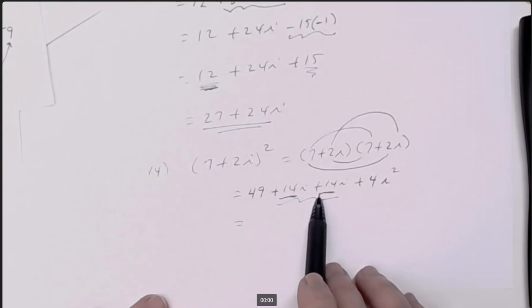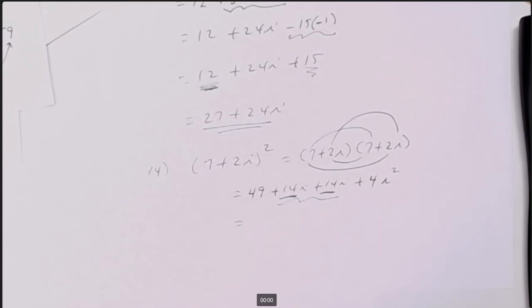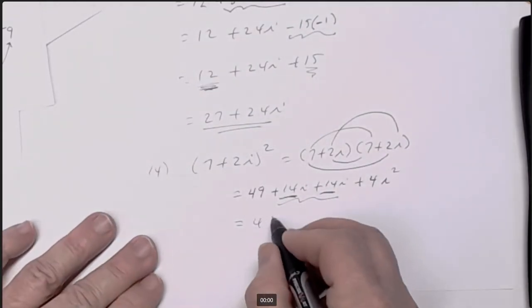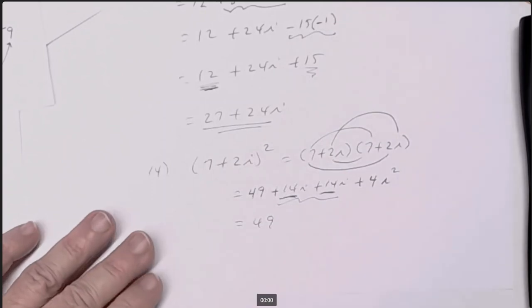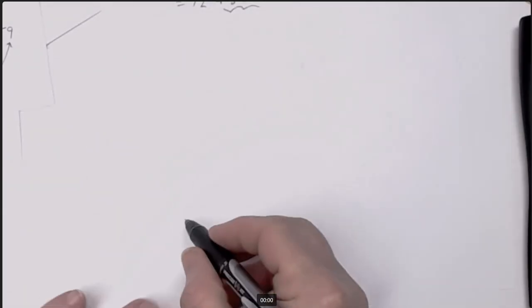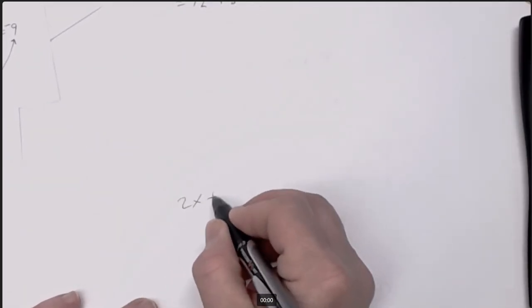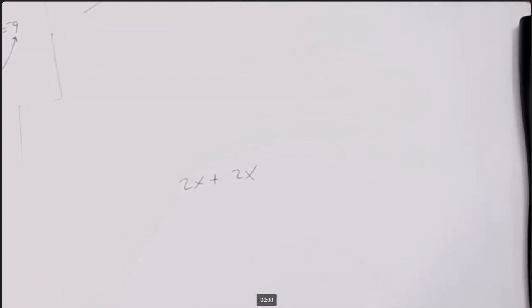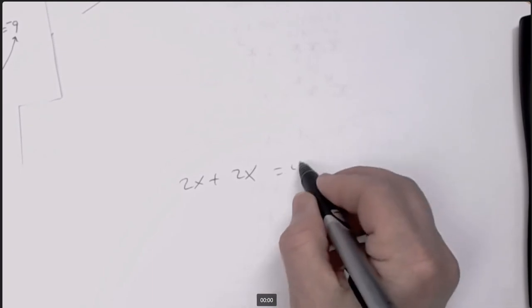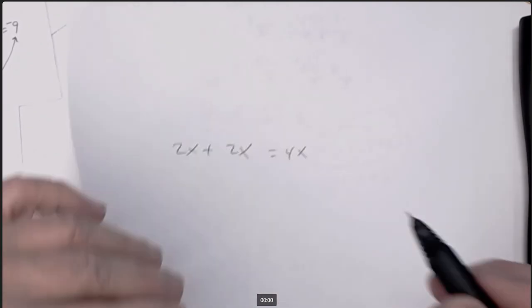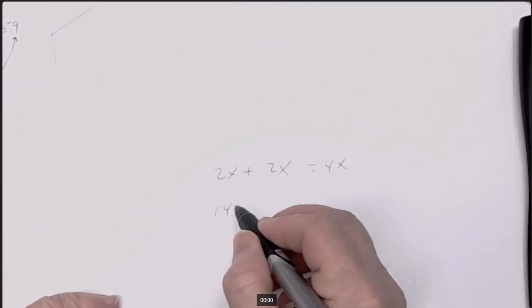It's not. Don't get lost. It's kind of like if I say what's 2x plus 2x? 4x. So if I said what's 14i plus 14i, it's just 28i. You're adding.